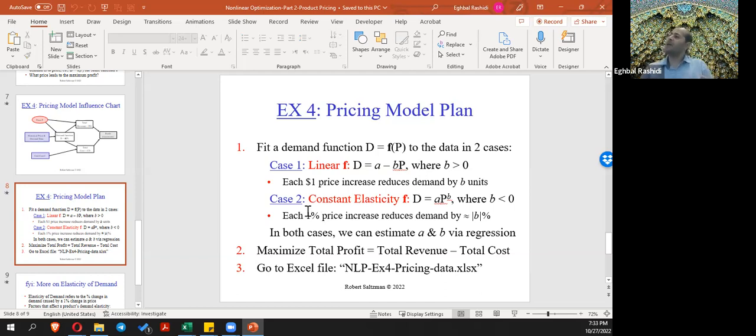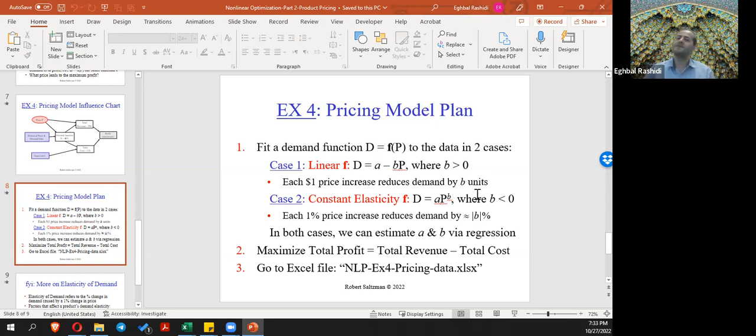In the second case, we're going to consider a nonlinear function for demand and price. We're going to use what is called constant elasticity. So D, we assume, is equal to the parameter A multiplied by P to the power of B, where B is negative.